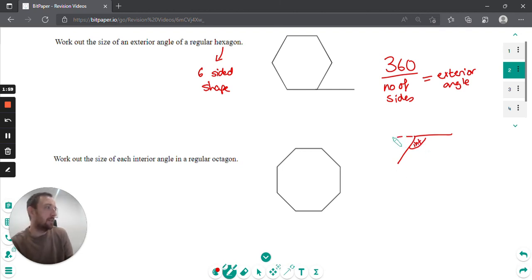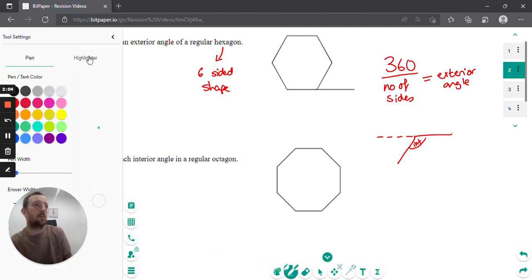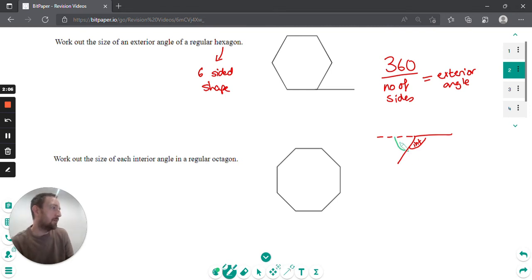If you carried that line on, this would be your exterior angle. The interior and the exterior add up to 180 degrees because it makes a straight line.